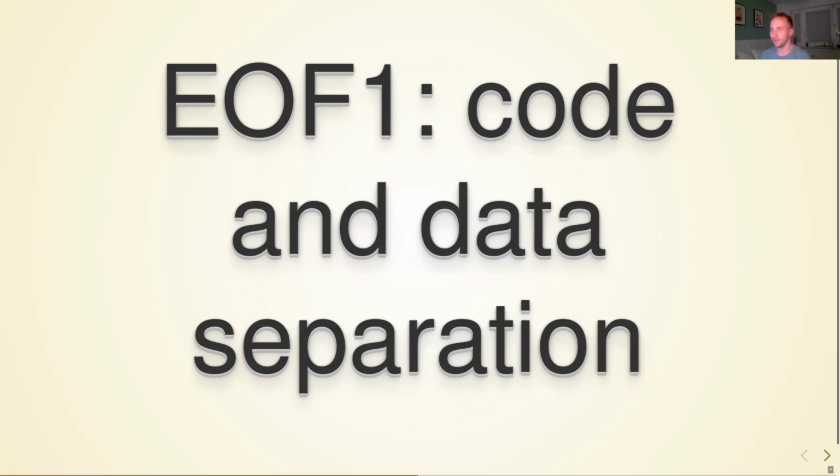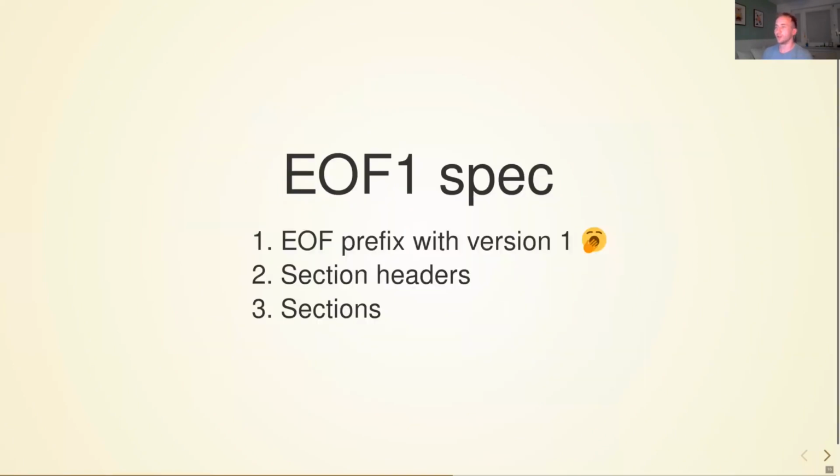Okay, so finally, EOF version 1. What is version 1 about? The main feature is the code and data separation, as we mentioned before, and how it looks inside. EOF1 will have the EOF prefix with version 1, which we already defined and discussed, and then two parts follow.